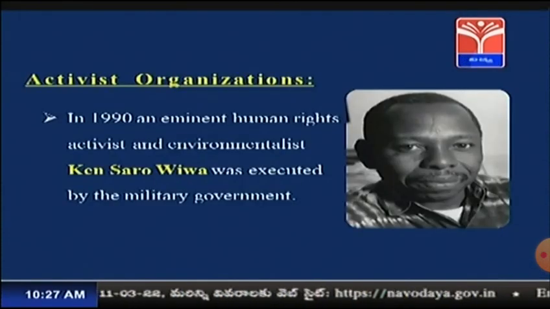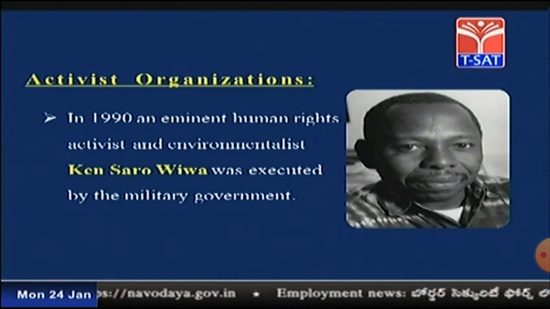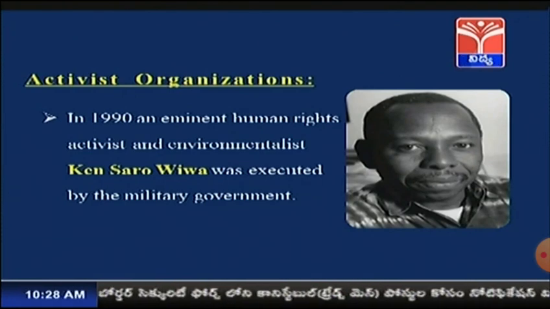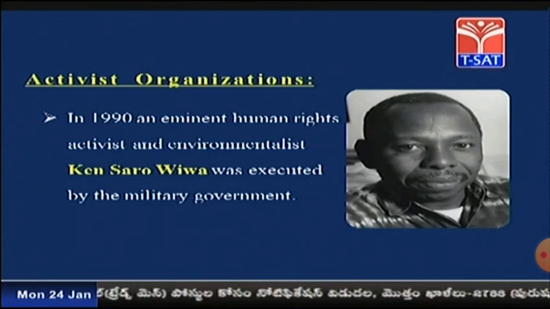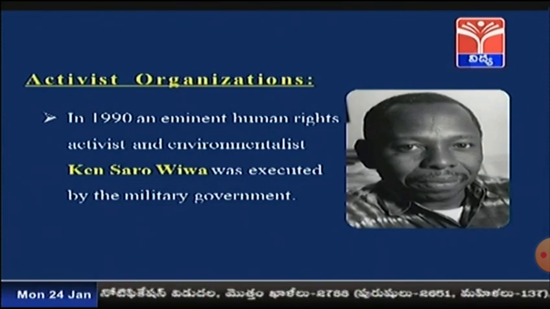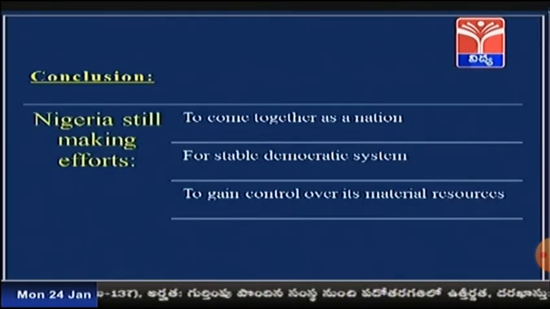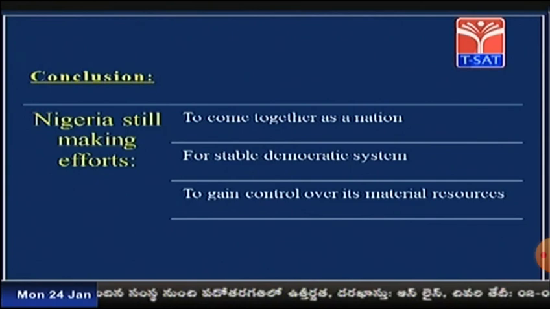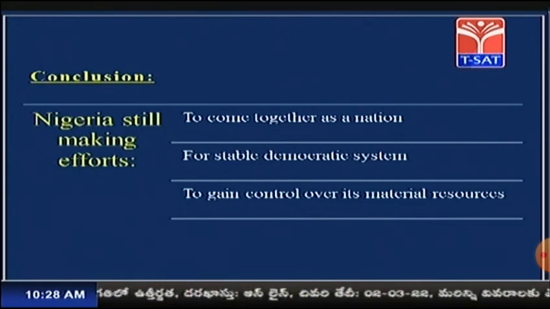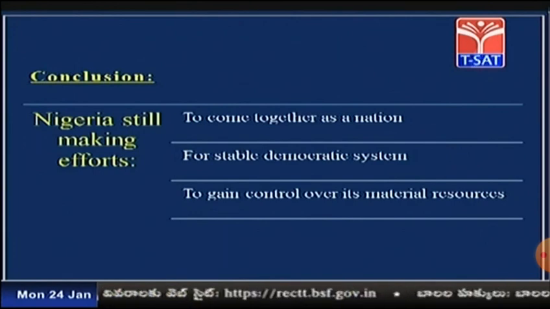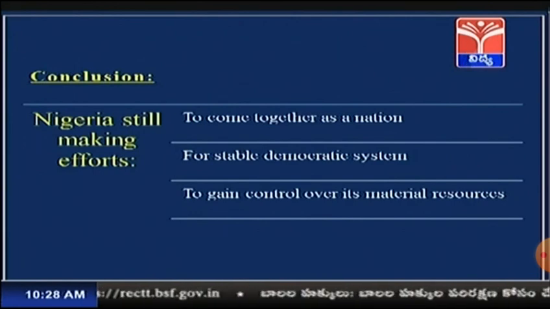In 1990, an eminent human rights activist and environmentalist named Ken Saro-Wiwa was executed by the military government. You can see the picture of Ken Saro-Wiwa in the slide. In conclusion, we can say that Nigeria, though it became independent and a democratic government, is still making efforts to come together as a nation.